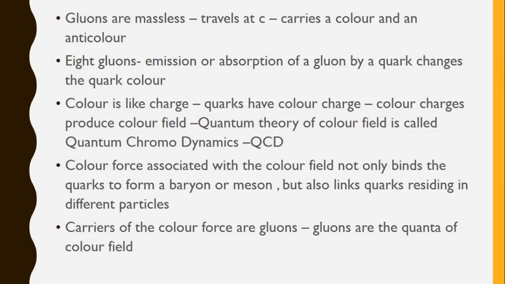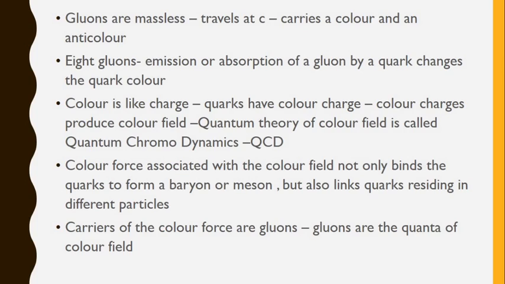And we can consider this color. We had defined what color is for quarks. Now this color is like charge. Quarks have color charge. We know that charges produce a field, isn't it?